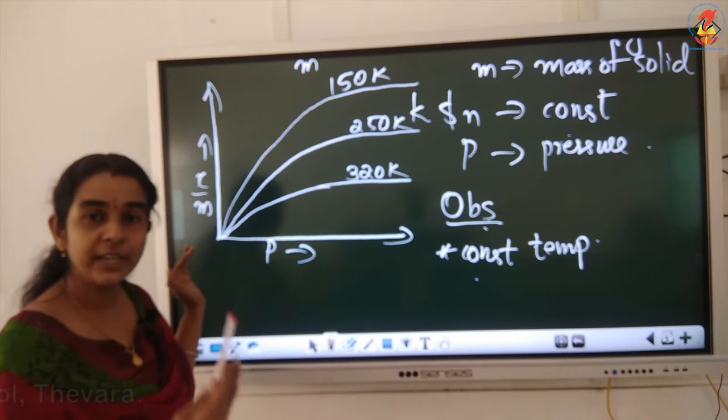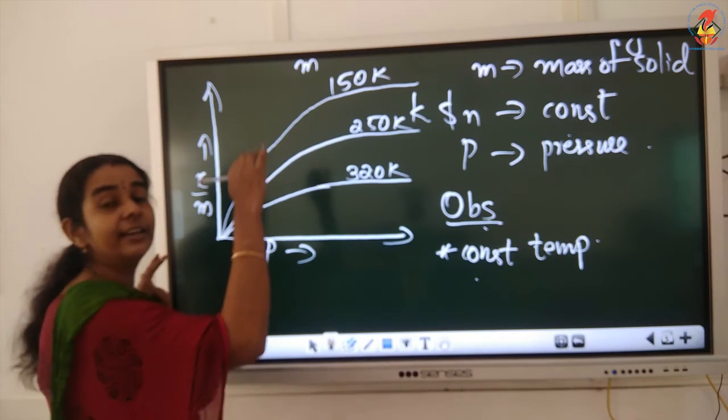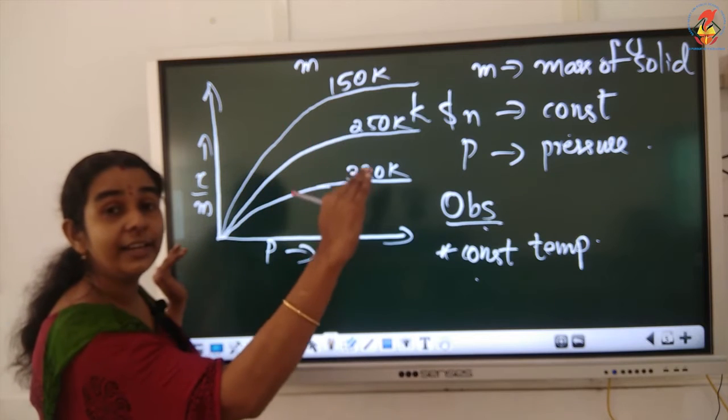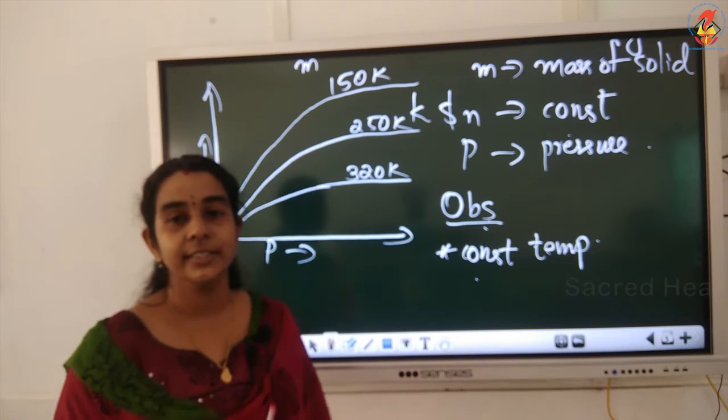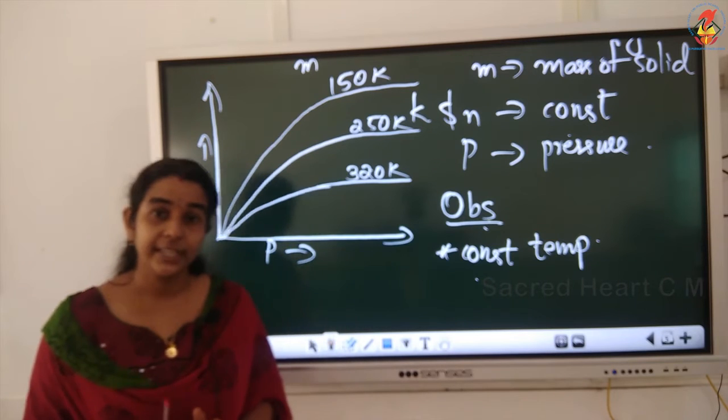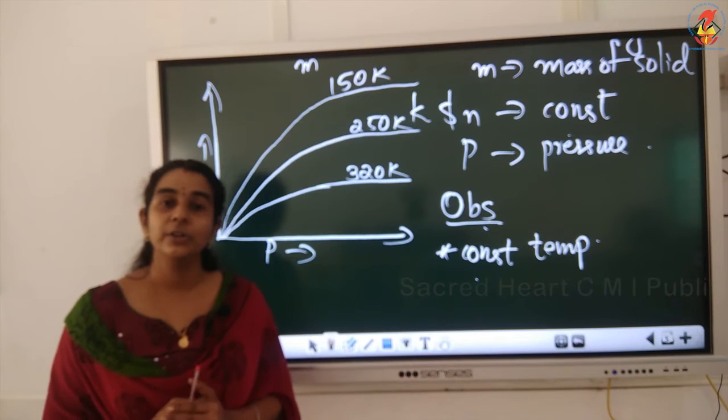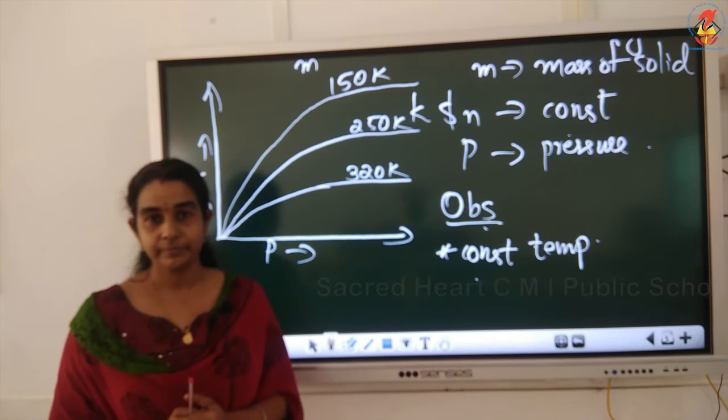That means the amount of gas adsorbed increases, and at higher pressure it goes parallel to the x-axis. Why does it go parallel to the x-axis? The reason is that the gaseous molecules are adsorbing on the surface of a solid.